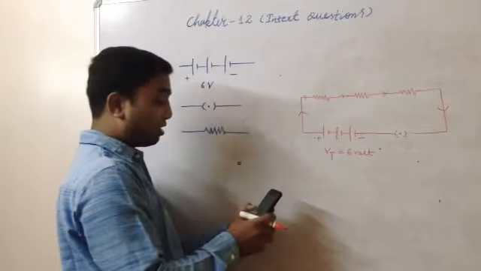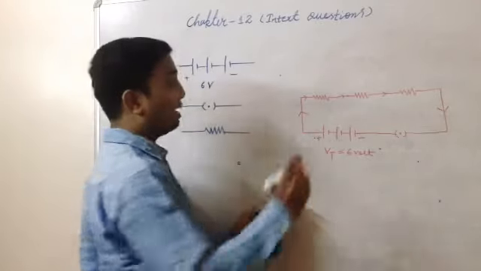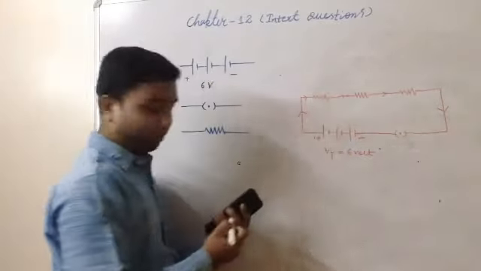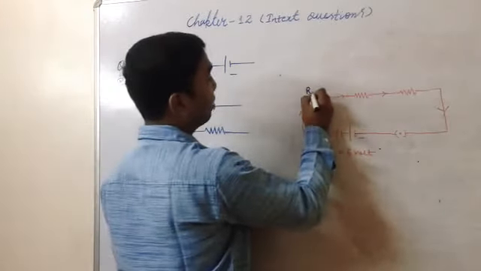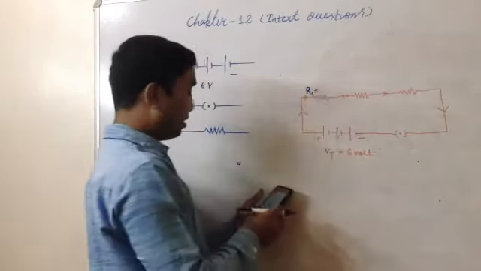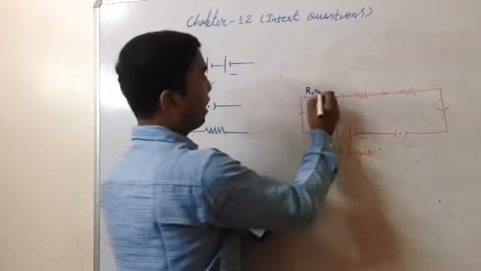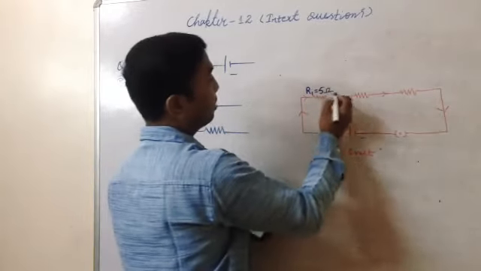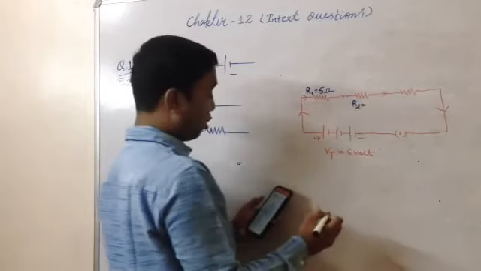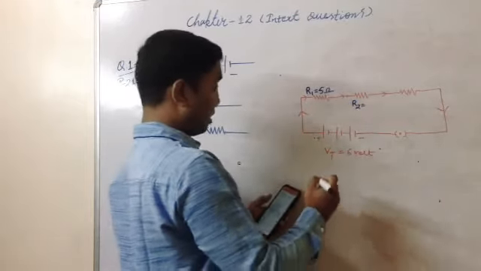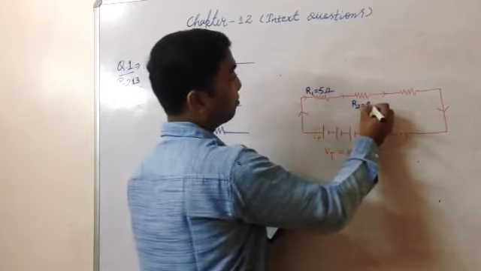Now you will have to write the values of the resistances that are provided. This is R1, and what is the value of R1? R1 is provided as 5 ohm. What about R2? R2 is provided as 8 ohm.